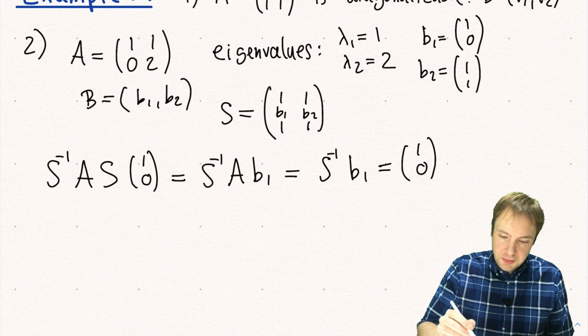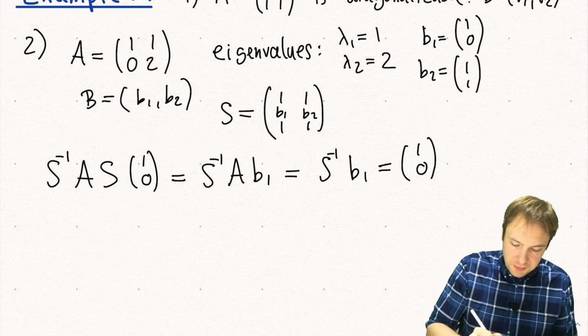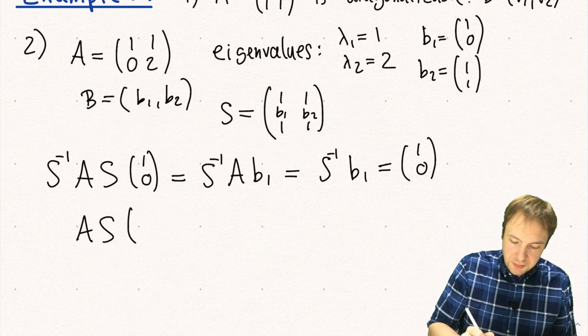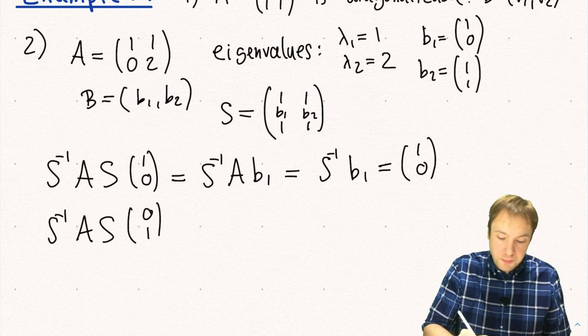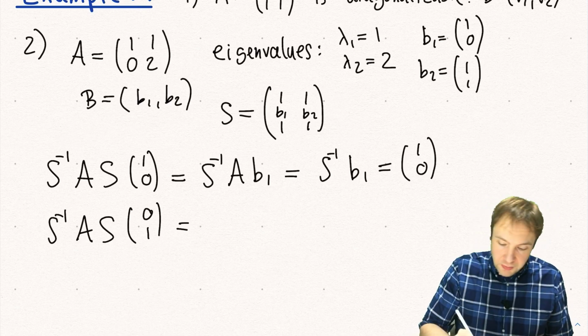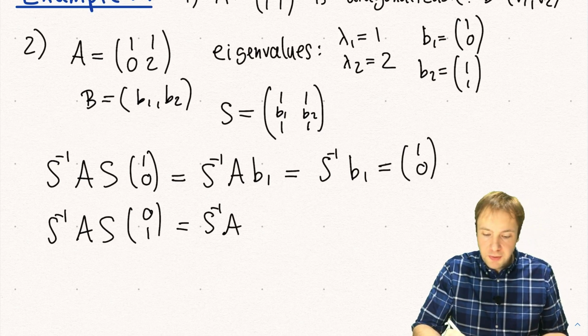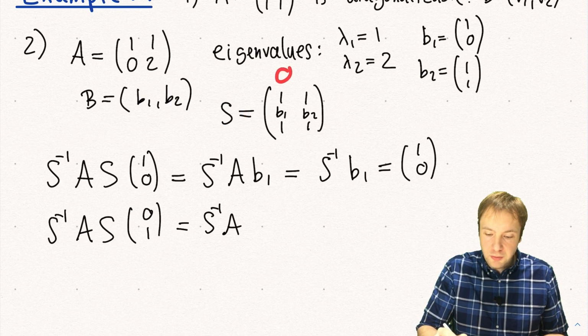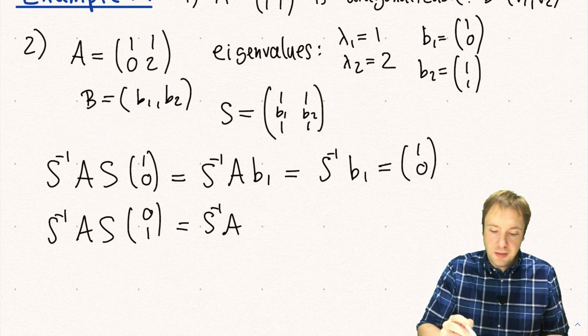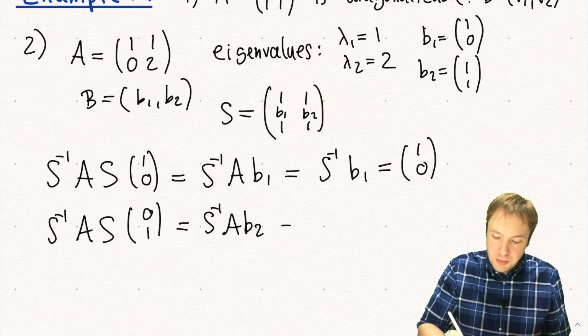And then what is it if I multiply this matrix S with the vector 0, 1? I get the second column, so this is B2.